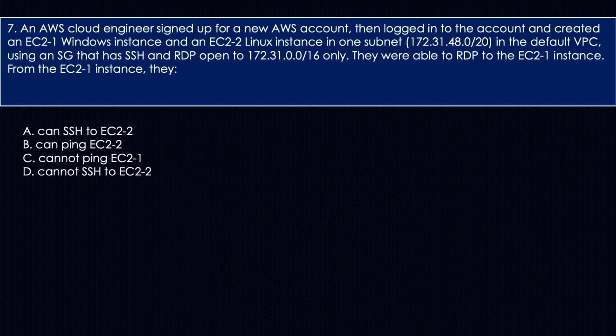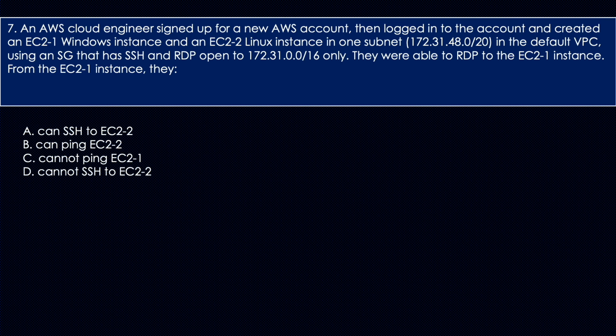7. An ORS cloud engineer signed up for a new ORS account, then logged into the account and created an EC2-1 Windows instance and an EC2-2 Linux instance in one subnet, 172.31.48.0/20, in the default VPC, using an SG that has SSH and RDP open to 172.31.0.0/16 only.